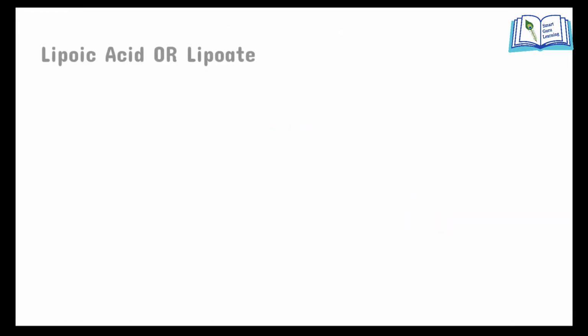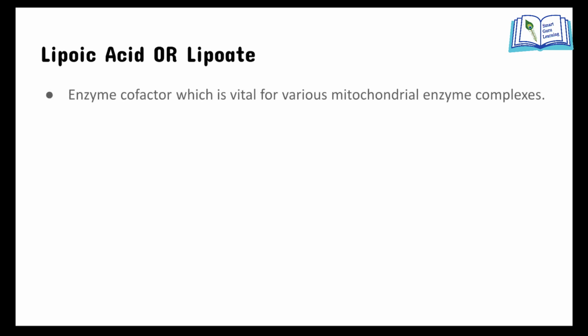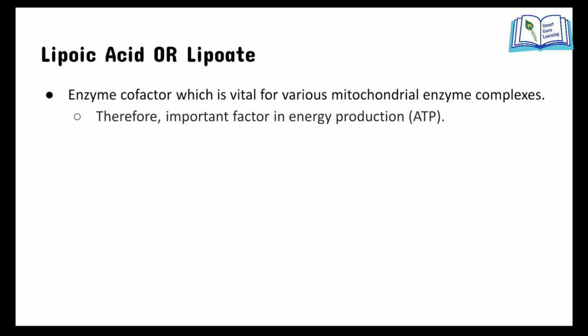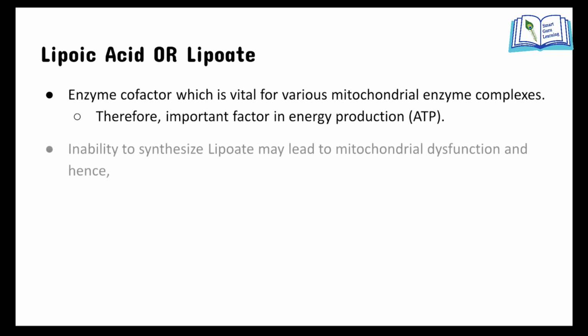Another cofactor that is involved in the alpha-ketoglutarate dehydrogenase mechanism is lipoid or lipoic acid. Lipoic acid is an important enzyme cofactor which is vital for various mitochondrial enzyme complexes and therefore an important factor in energy production. Therefore, various mitochondrial dysfunctions may occur if a person has the inability to synthesize lipoid.